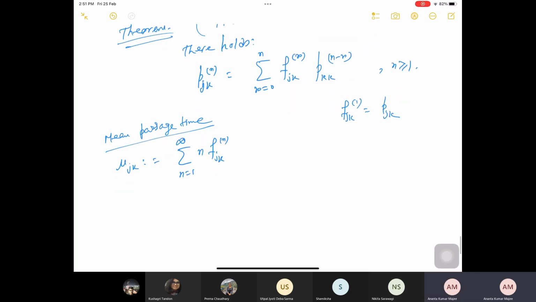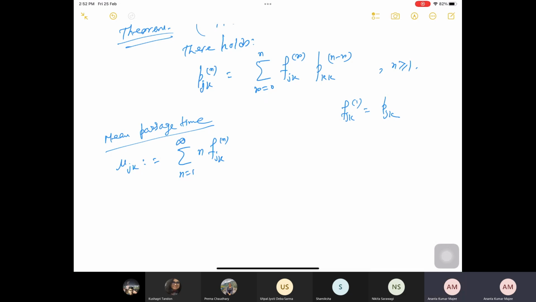But we are mainly interested when j is equal to k. That means suppose your state j is a returning state, and then what is the mean time required, starting with state j, to return again to state j?